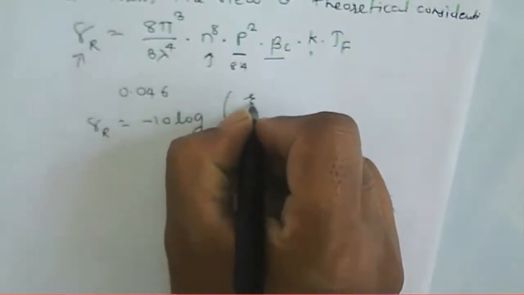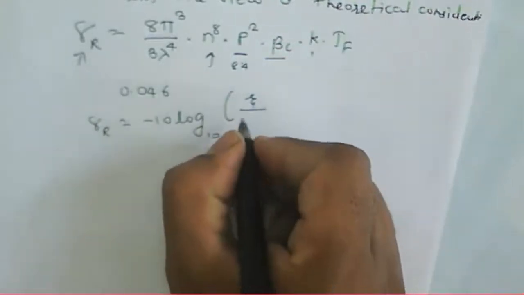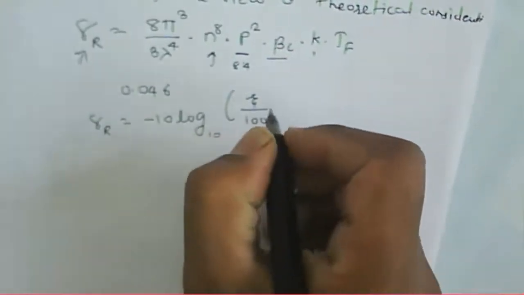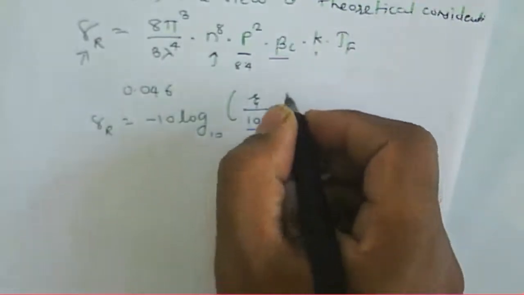and that will be gamma. We have one more constant that can be obtained from the given wavelength 1000.